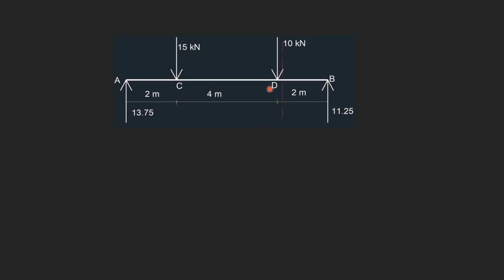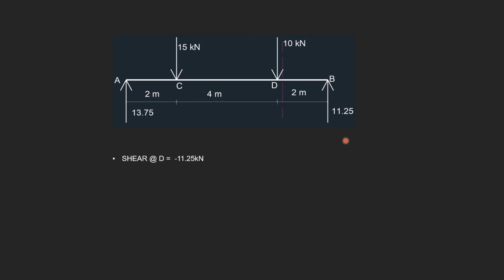Next, let's move the section to D. Just after D, you can place the section. And here this side we have three forces and here this is only one force. So it is better to consider the right side of the section. And at the right we have an upward force which will give a negative shear.